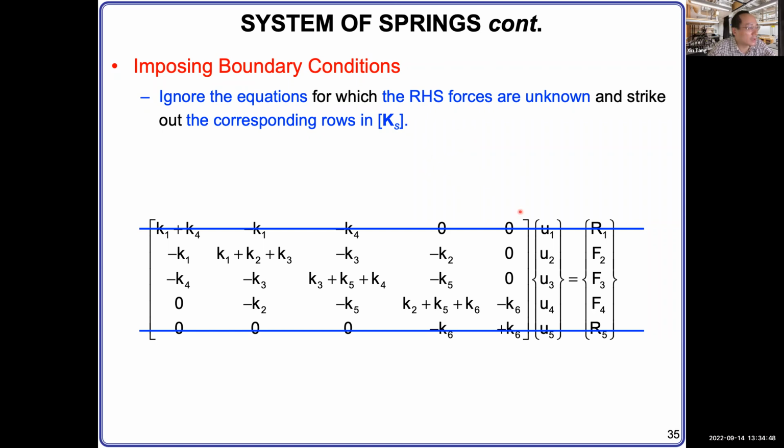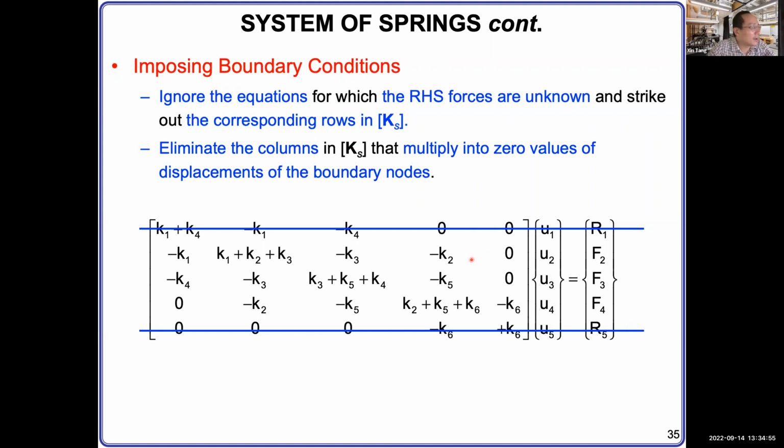So now we can eliminate these two. Once these two rows are eliminated, we can also eliminate the corresponding columns here, because usually, when you calculate, U1 is multiplied by the first column, right? But since we eliminated U1 now, the column has nothing to multiply with.